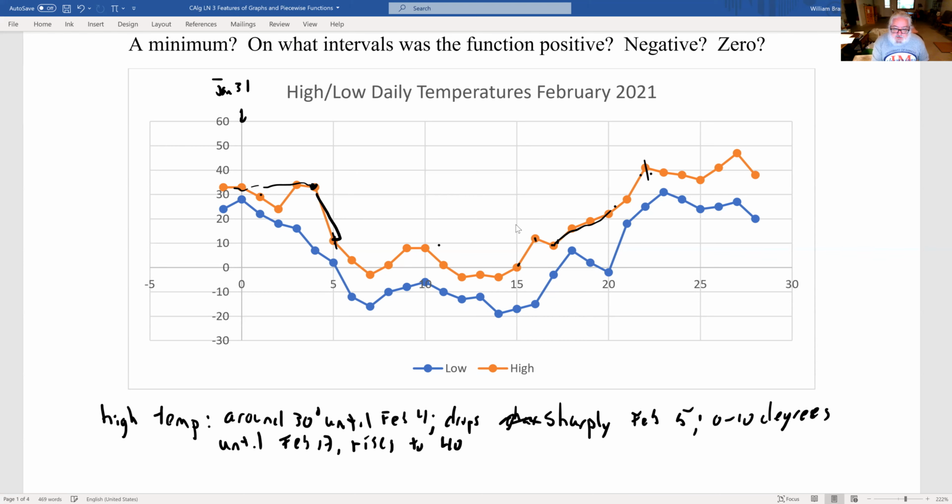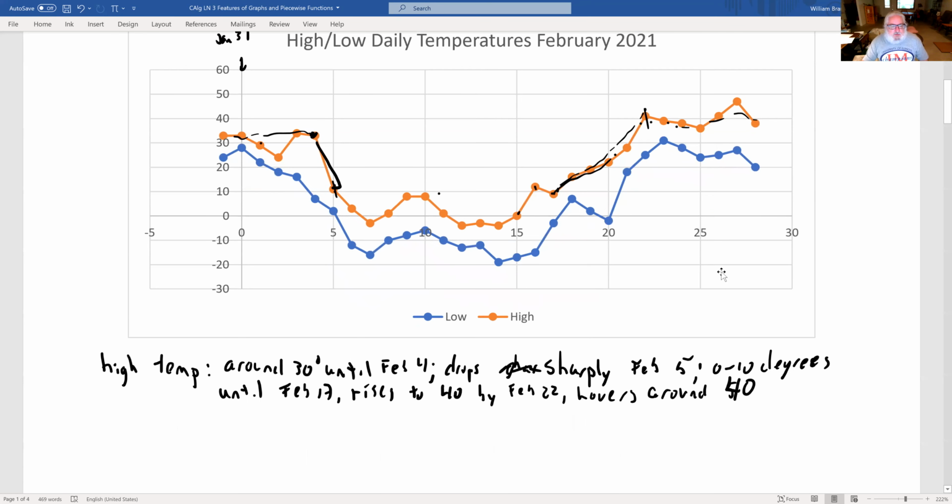So from the 17th up to 21, 22. And then it just sticks around 40. So it hovers around 40 degrees. And so that's the story of the high temperatures in February 2021.